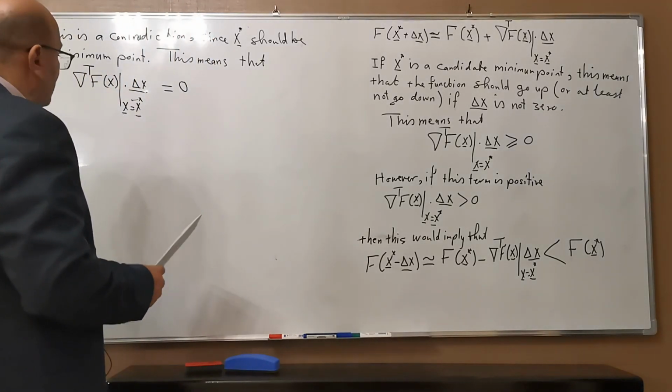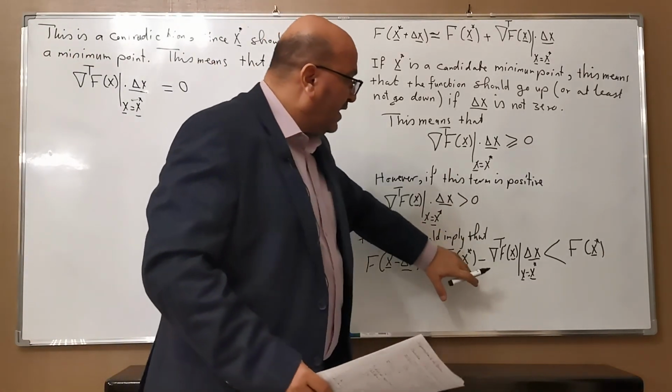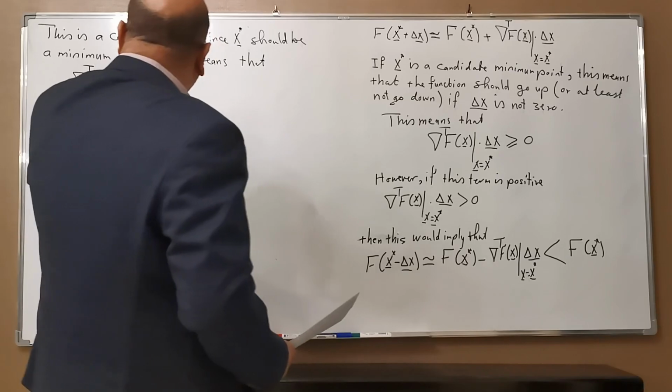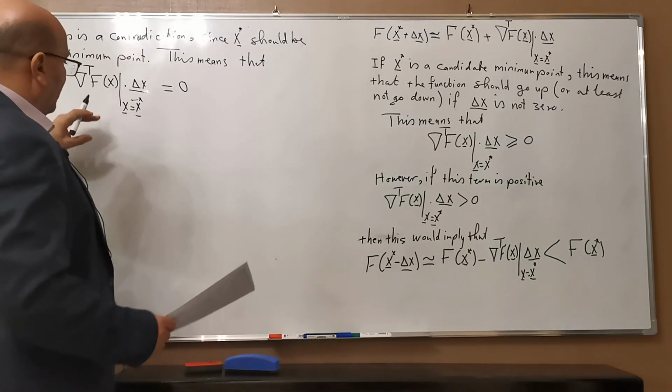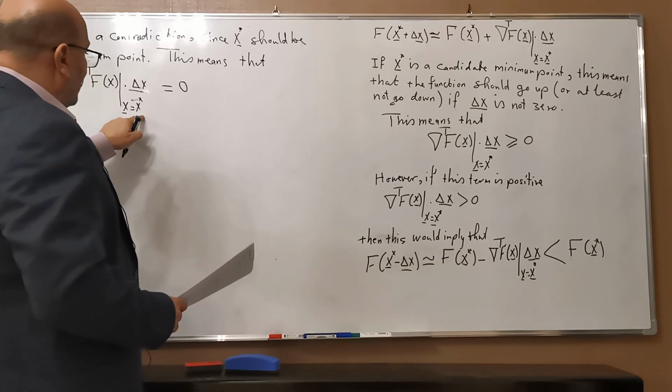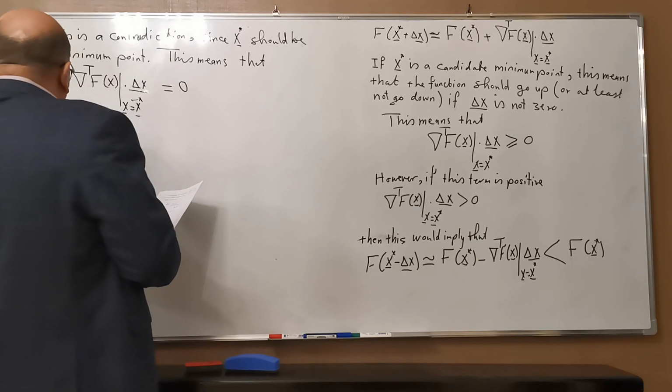Okay? Positive, negative, and so for the contradiction you have to have the gradient at x equals x star equal to 0.